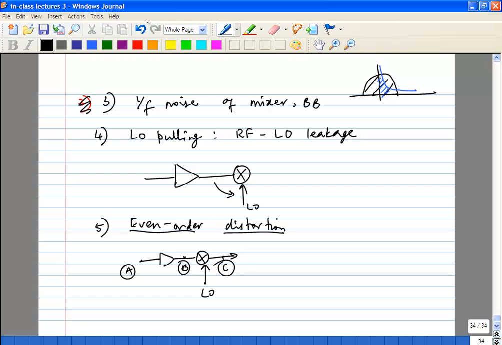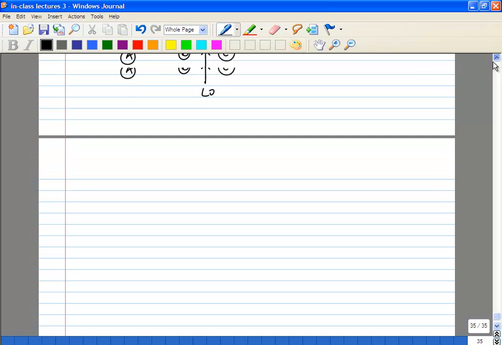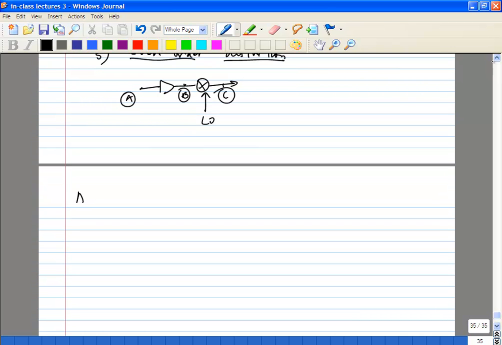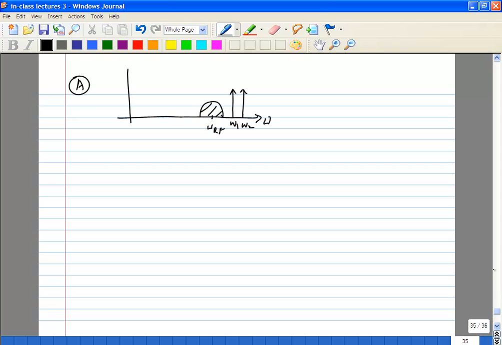Let's see what happens if we have even order distortion in your system. Let's look at the signals at A, B and C. Let's say we have an RF signal we want, and we have a couple of interferers nearby. What do we have at B?